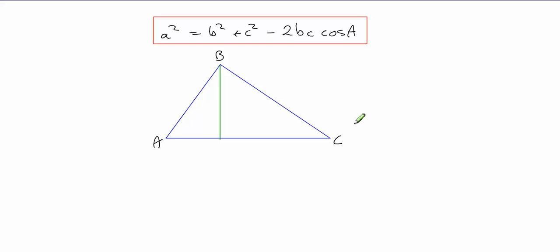Now in any triangle, there's nothing special about drawing a perpendicular line from B to AC.